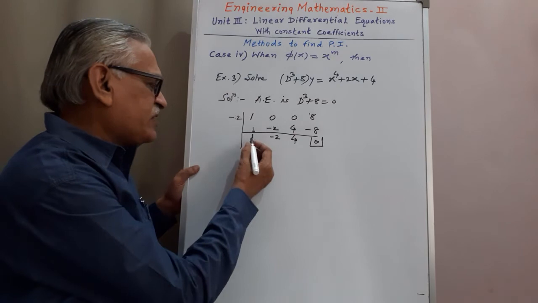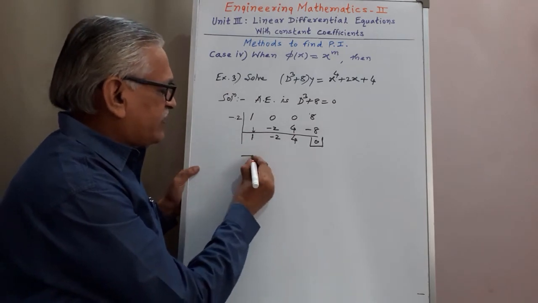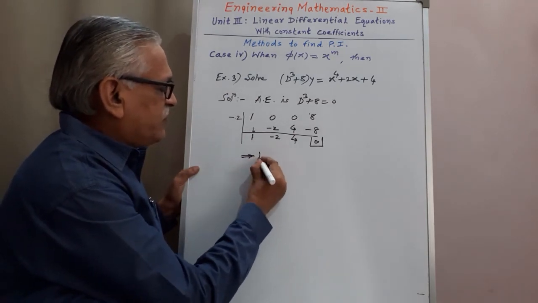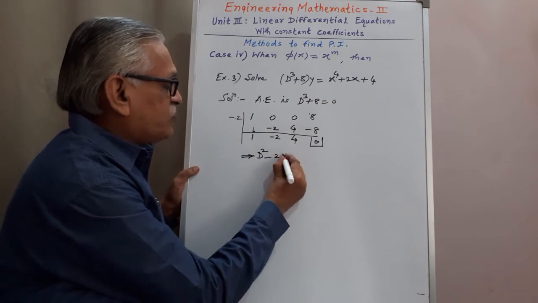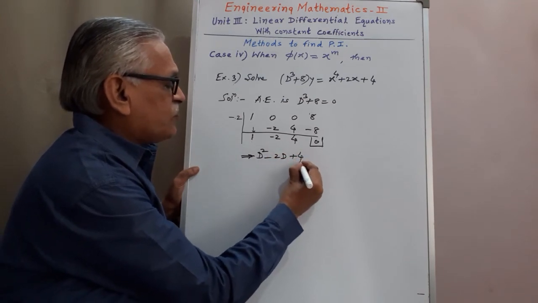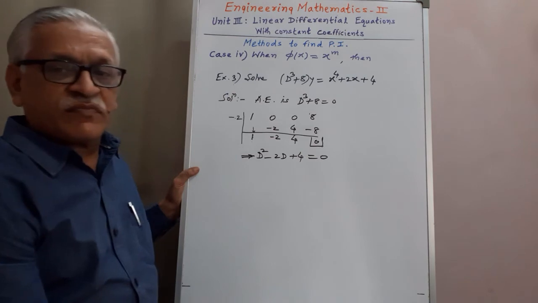Removing one factor from it, the remaining factor is D square minus 2D plus 4 is equals to 0.